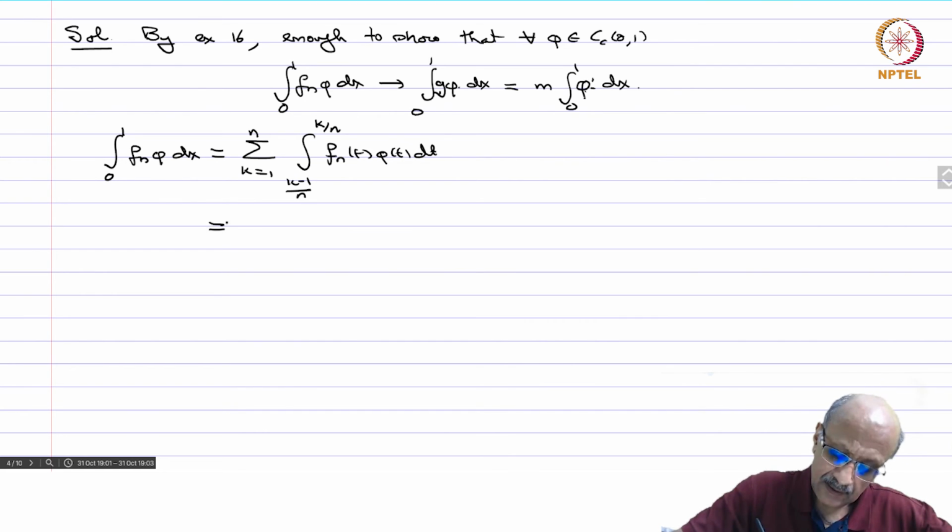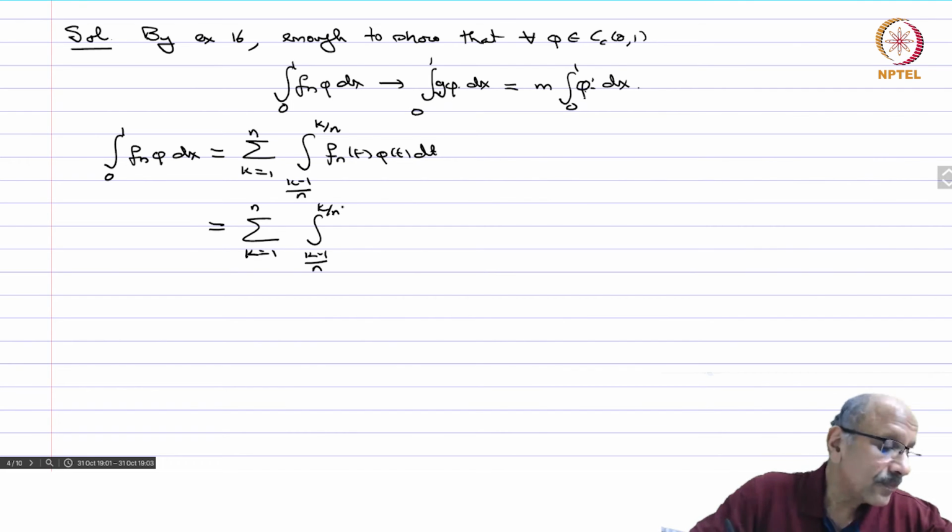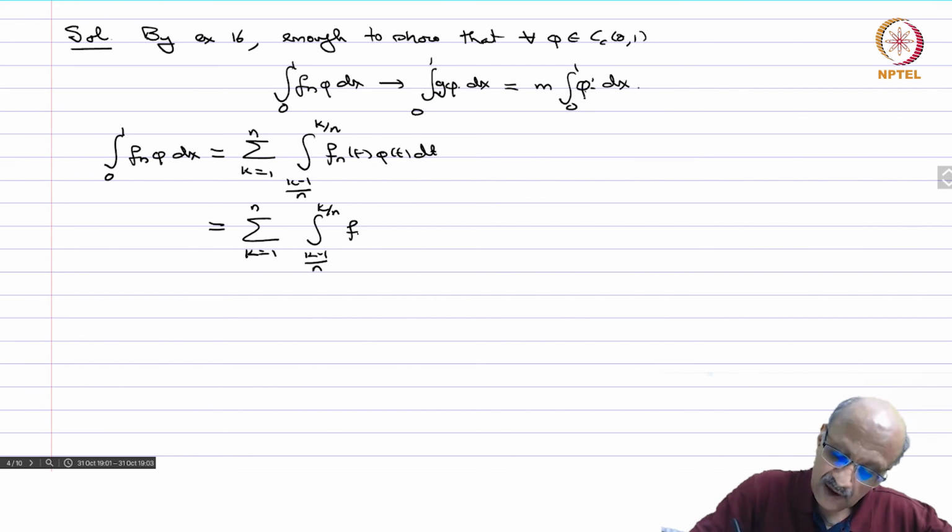And that let me write as the sum over k equals 1 to n of the integral from (k-1)/n to k/n of f_n(t) times (phi(t) minus phi((k-1)/n)) dt.